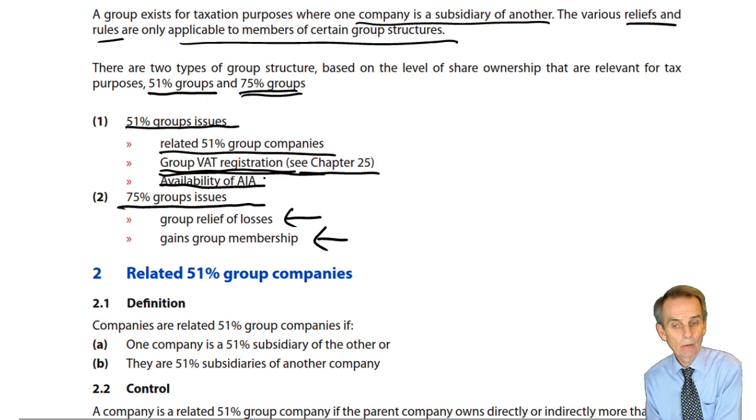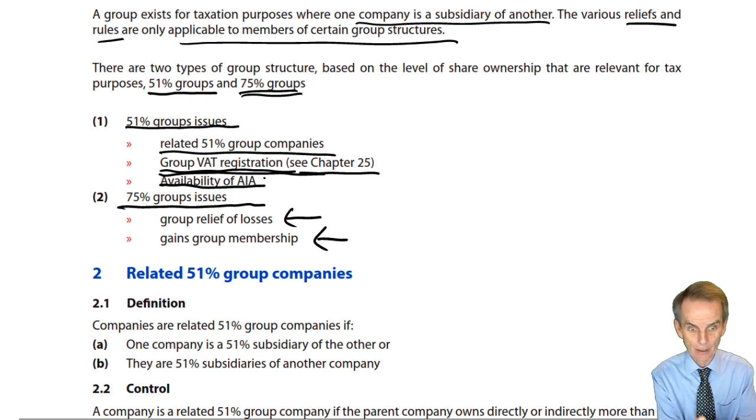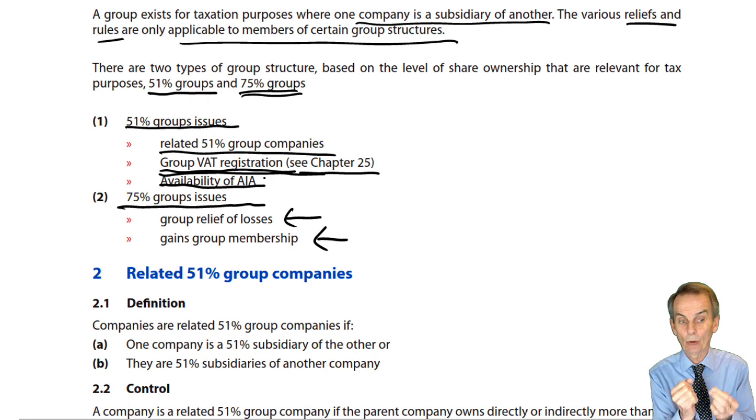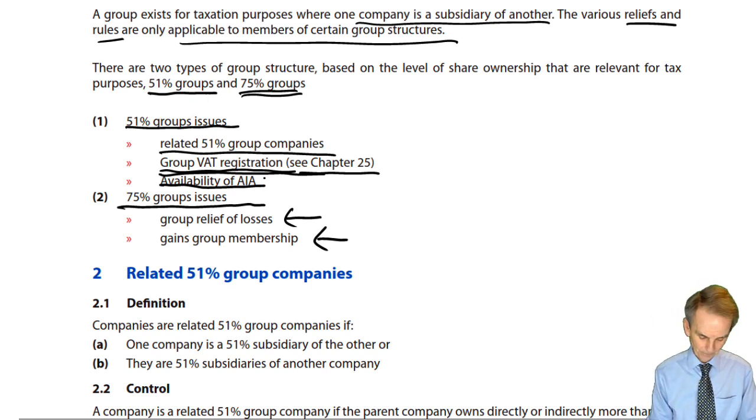If that's main pool, 18% writing down allowance on a reducing balance basis would replace 100% AIA available all now in this accounting period. So we get to choose where to claim the AIA. Again, if there's a basis for choice, you need to know it. We'll talk about that one again separately in a few moments' time.